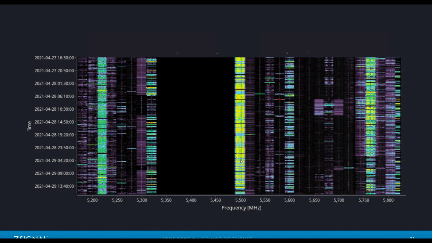Yep, that's 100. Again, a 20 megahertz wide channel plan. I don't see anything that would indicate necessarily a 40 megahertz wide channel plan, although we'll see some examples of that in a moment.